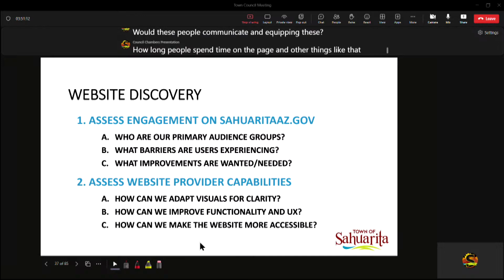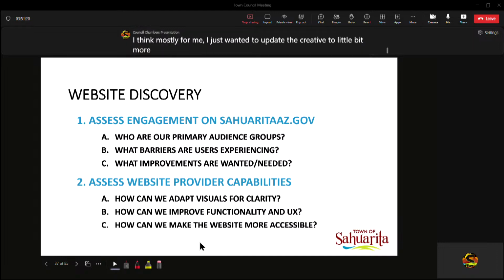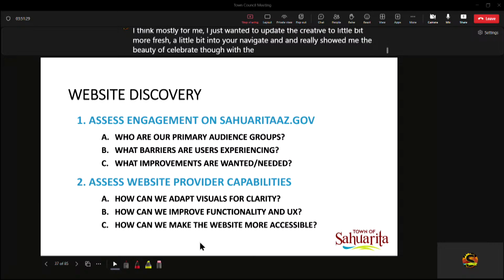And then the provider capabilities, I think mostly for me, I just wanted to update the creative to look a little bit more fresh, a little bit easier to navigate, and really showcase the beauty of Sahuarita with images of Sahuarita versus a lot of heavy text and color.